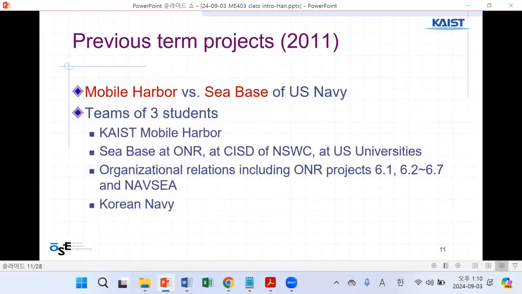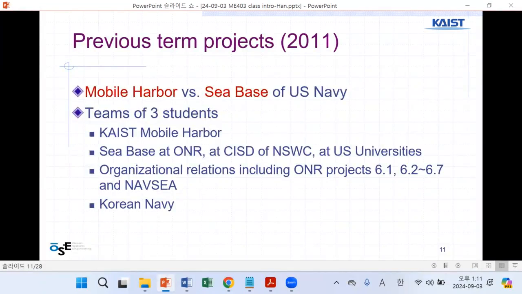A sea base is kind of an air base, but located at sea. A floating air base. The United States, before, say, World War II, or after, say, the Korean War, or now they have a war, right? Not in these days, but in the Middle East, they have a war. That is far away from the United States.